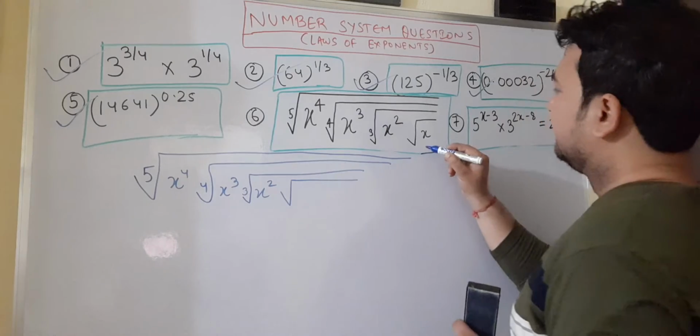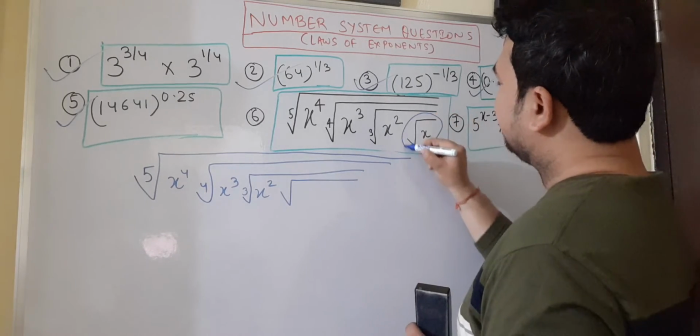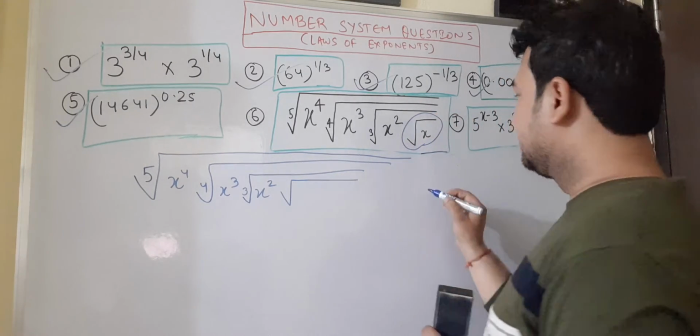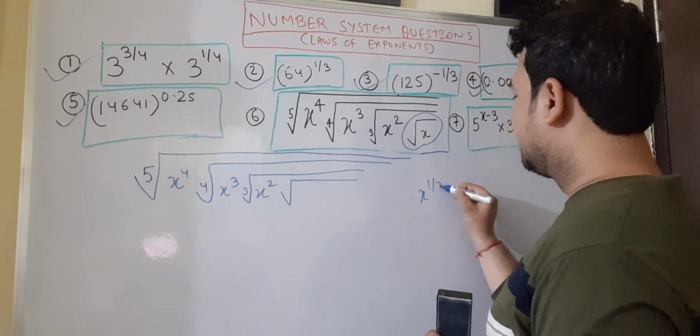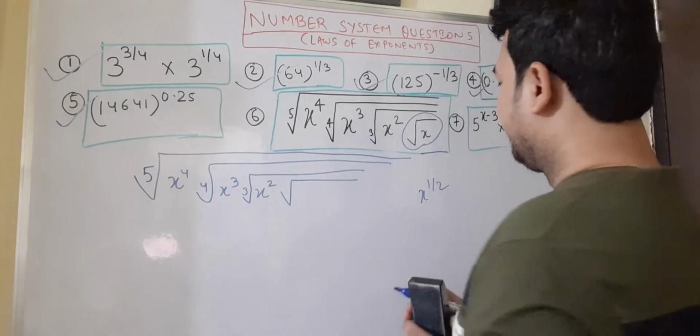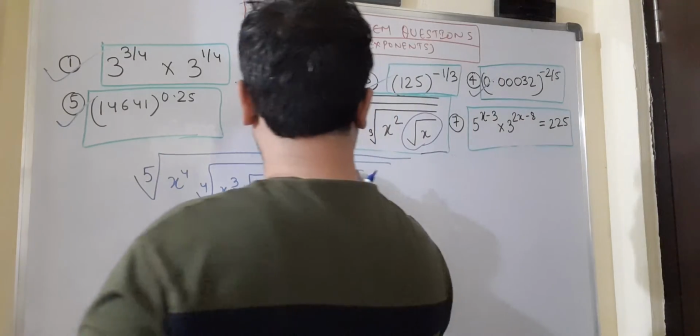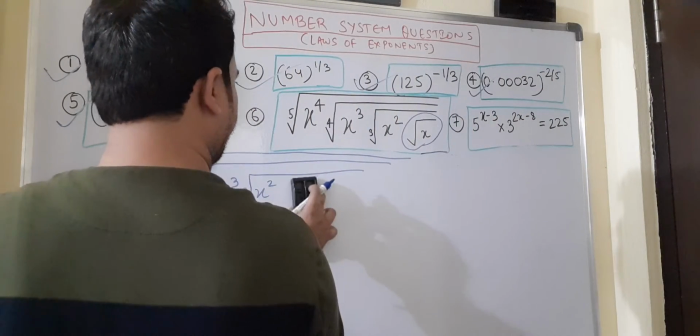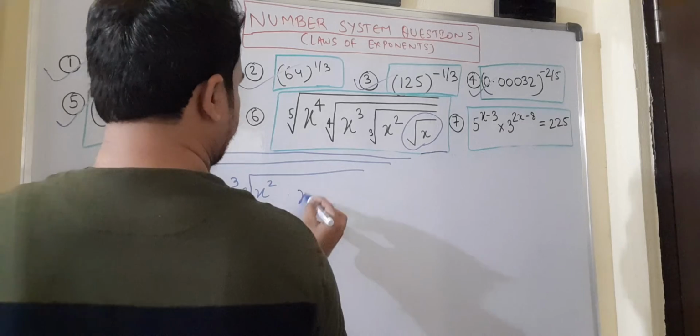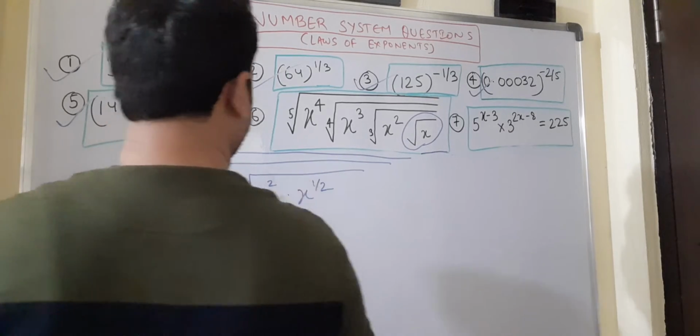Now, what can you write this as? You can write this as x to the power 1 by 2, isn't it? So write it x to the power 1 by 2.